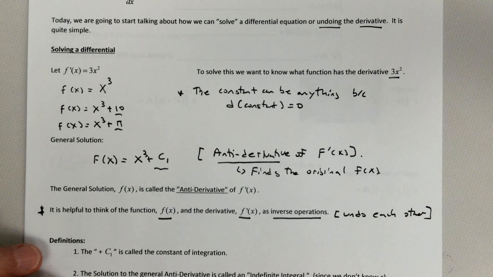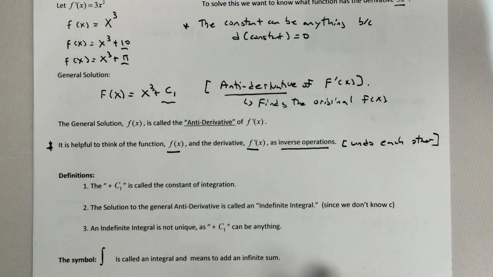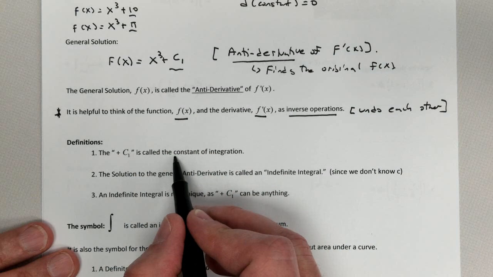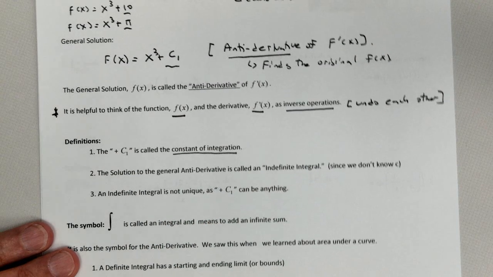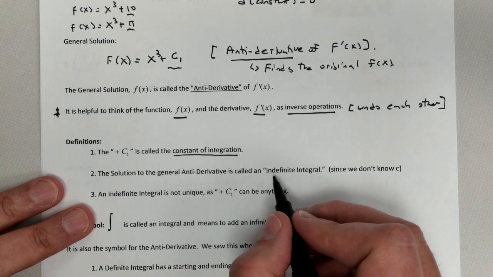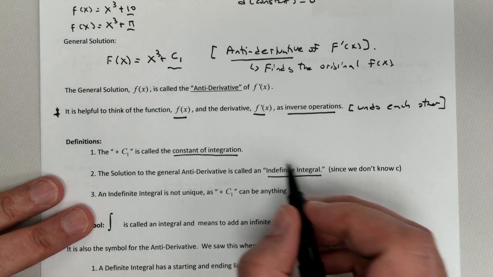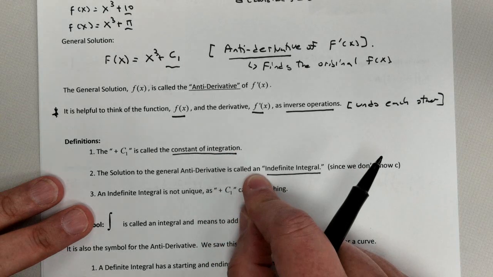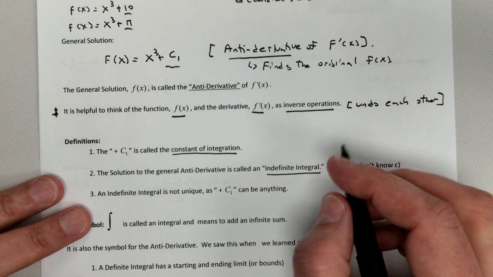A few quick definitions, and then we'll go into some examples here today. One, the plus C1 is what we call the constant of integration. The solution to the general antiderivative is what we call an indefinite integral. You might recall in a previous video we talked about the definite integral and how it finds area.